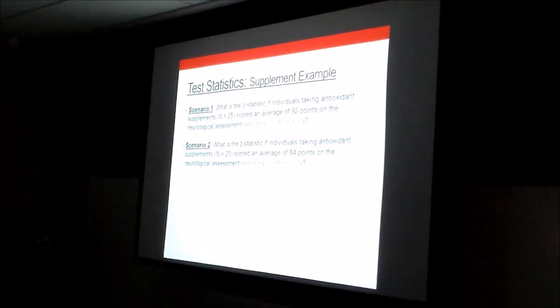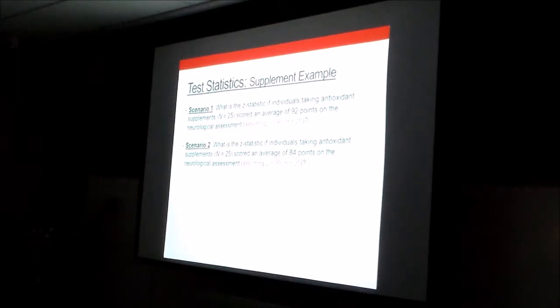So here, let's run a different scenario. But this time, instead of a mean supplement value of 92, we're going to say it's 84. So scenario 2, right? Our standard error is still 4.0, because none of that changed.